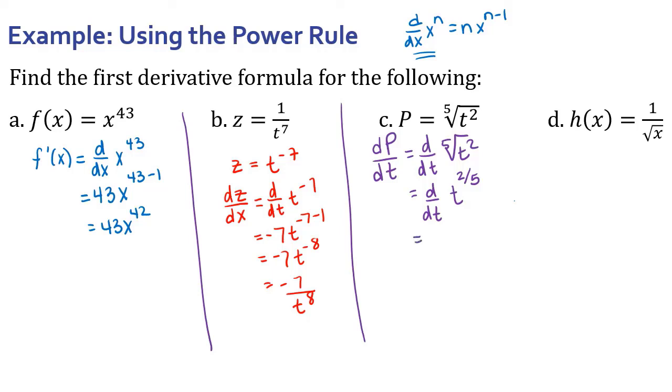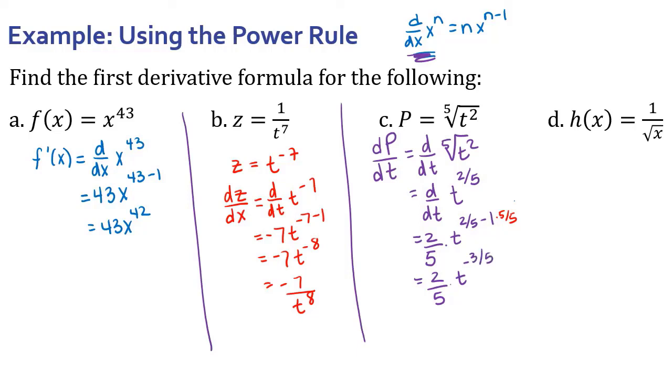Now I have it in this form, so I can actually use this power rule. That's going to give me 2/5 times t to the 2/5 minus 1. To get a common denominator, multiply this by 5 over 5. That's going to give me 2/5 times t to the negative 3 over 5.